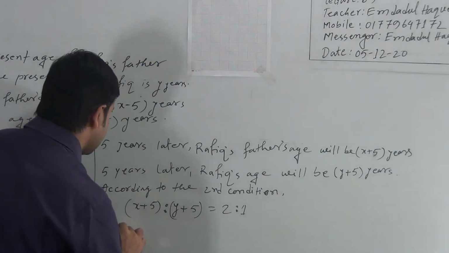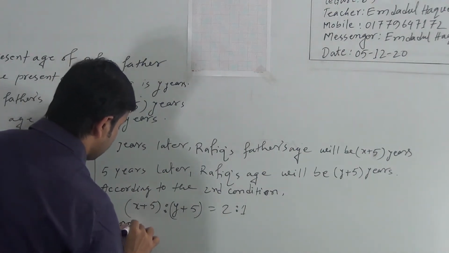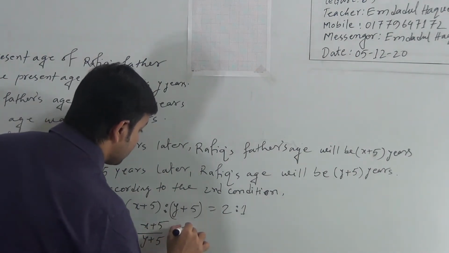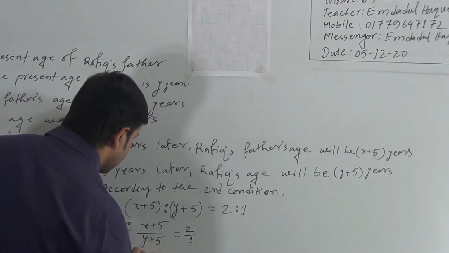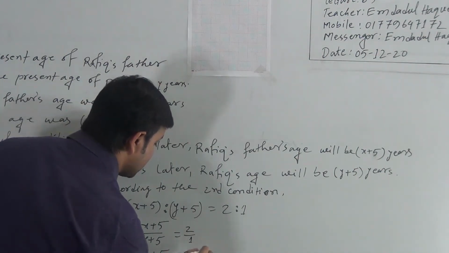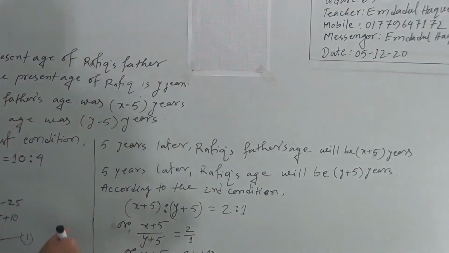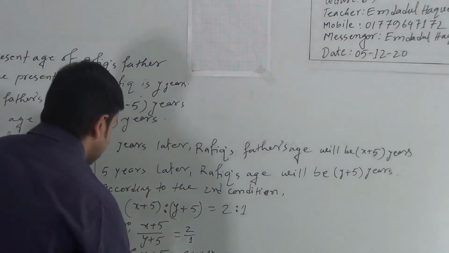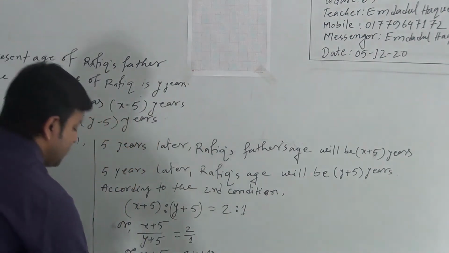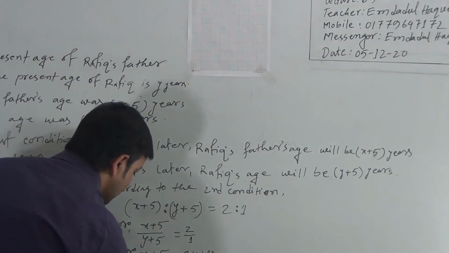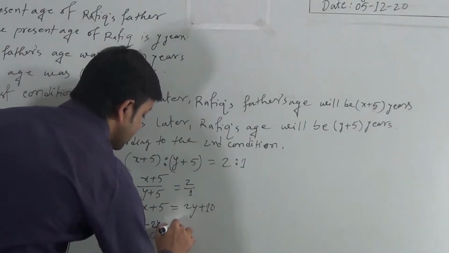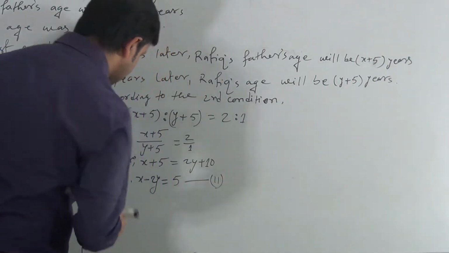So x plus 5 divided by y plus 5 equal to 2 by 1. If we do the cross multiplication, we will get x plus 5 equal to 2y plus 10. Therefore x minus 2y equal to, if we take this 5 here, this will be minus, so we will get 5. This is equation 2.